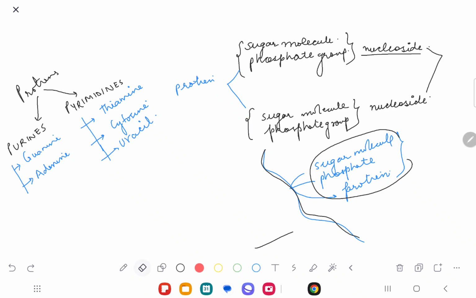So what is the job of this protein? The job of this protein is to connect one nucleoside with another nucleoside. All right. Now, what is the basic difference between them? Purines structurally have one ring, and pyrimidines have two rings.